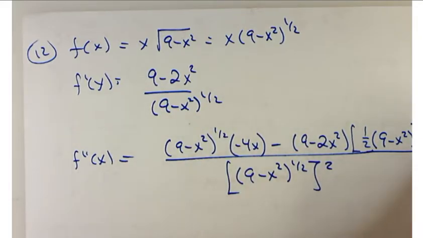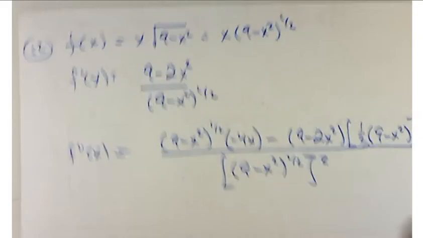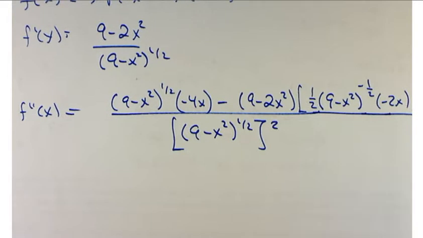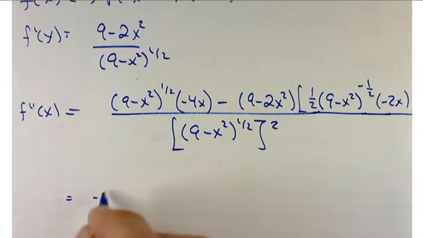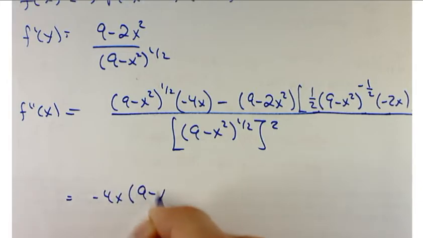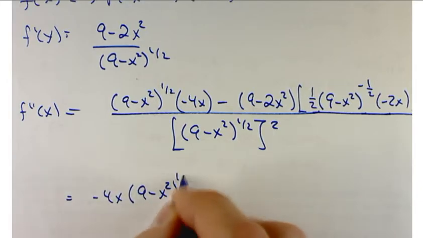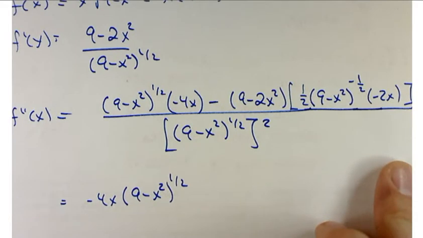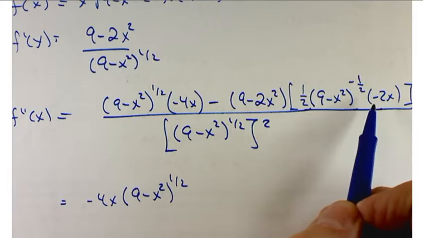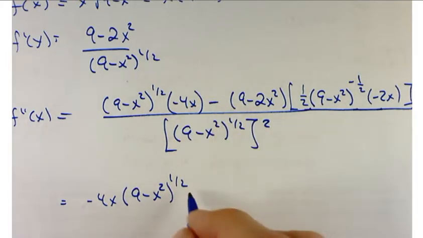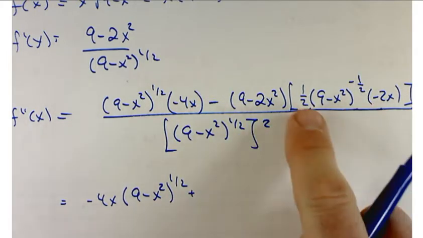So a lot of mess we need to clean up here. I'm going to write this out in front. Negative 4x times 9 minus x squared to the 1/2. A careful look at this shows I've got a negative here and a negative here. Those will cancel and give me a positive. The 1/2 and the 2 will also cancel.